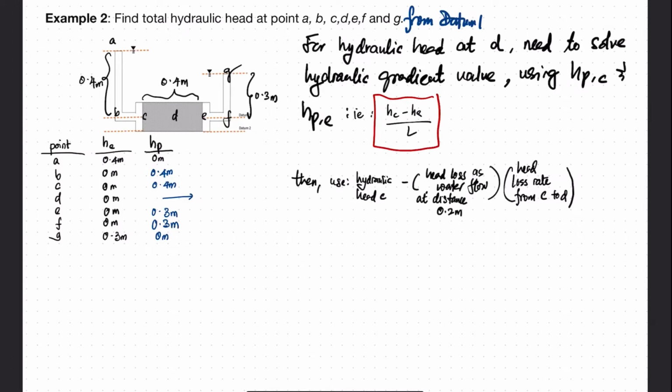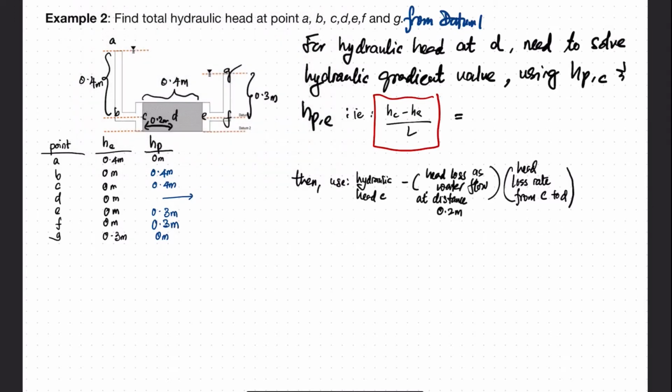That is how you determine the head loss as the water flows at the distance 0.2 meter. Here D is in the middle, so it is half of 0.4, which is 0.2 meter. So we calculate the gradient first. This is HC. What is HC?